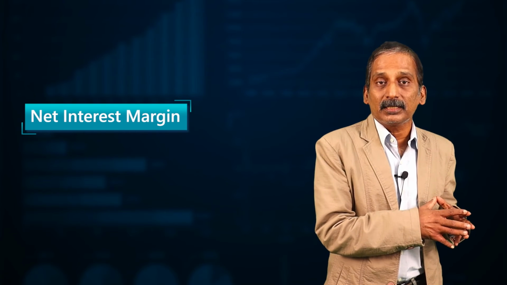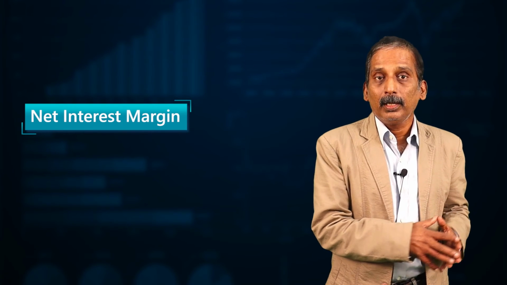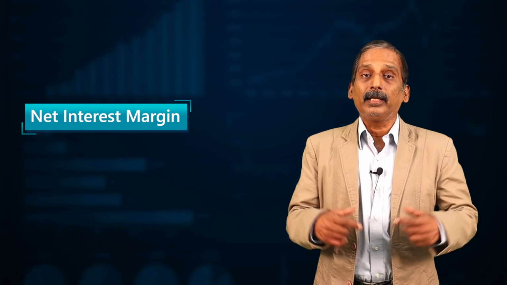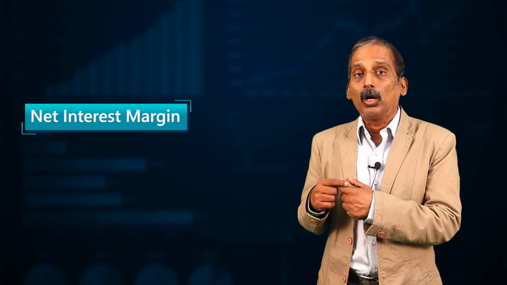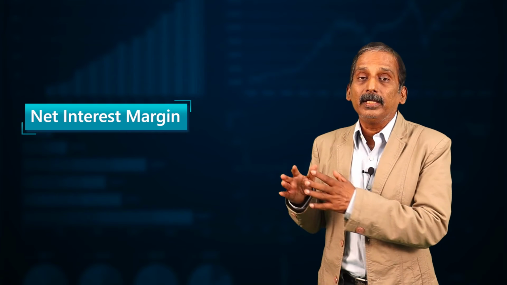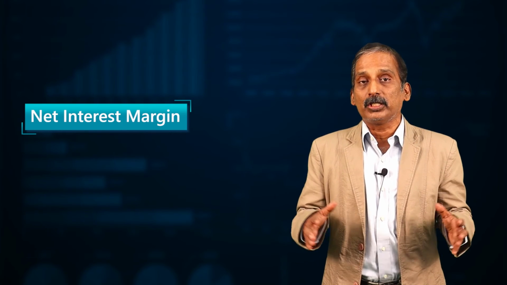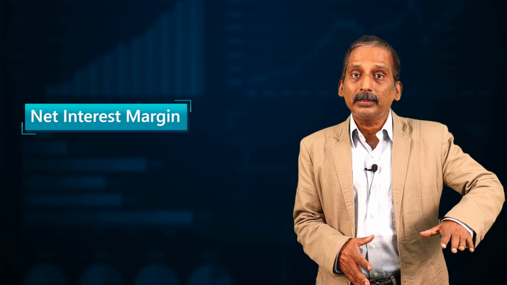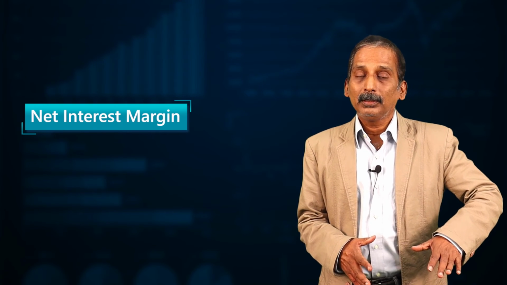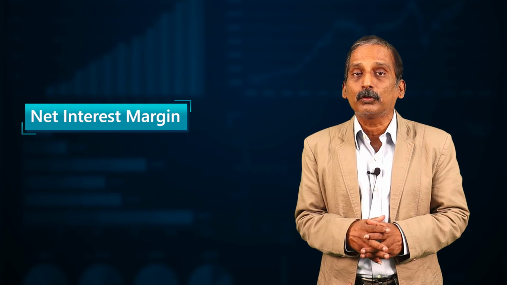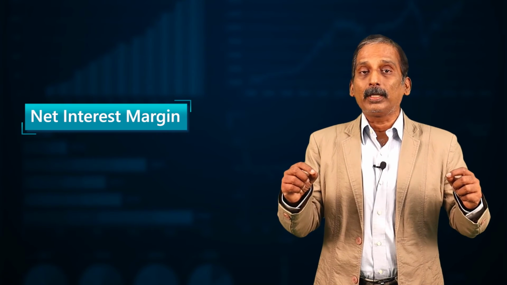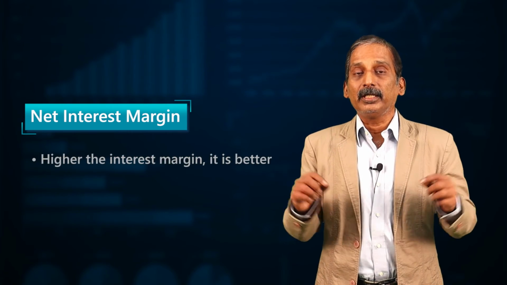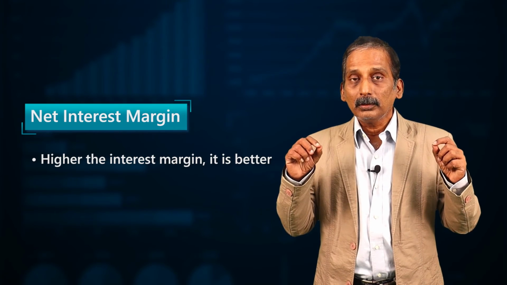Suppose it pays us 5% as interest, and suppose it lends to others at 11%. Then its net interest margin is 11% minus 5%, which is equal to 6%. That is why the lower the CASA ratio, the less is the net interest margin for the bank. So you should look at the bank's interest margin. The higher the bank's interest margin, the better it is.